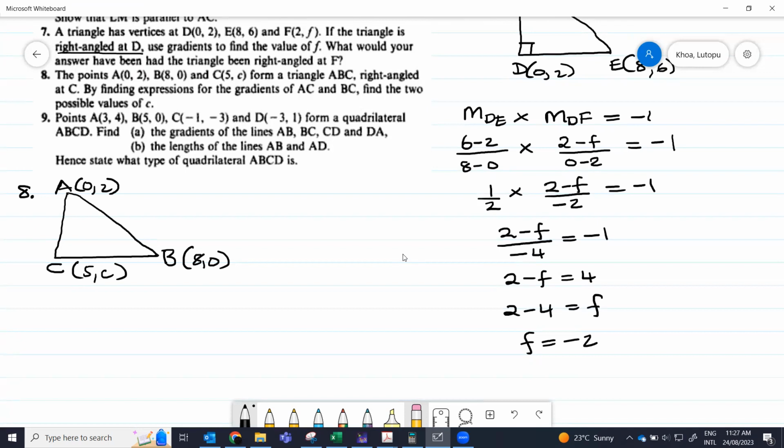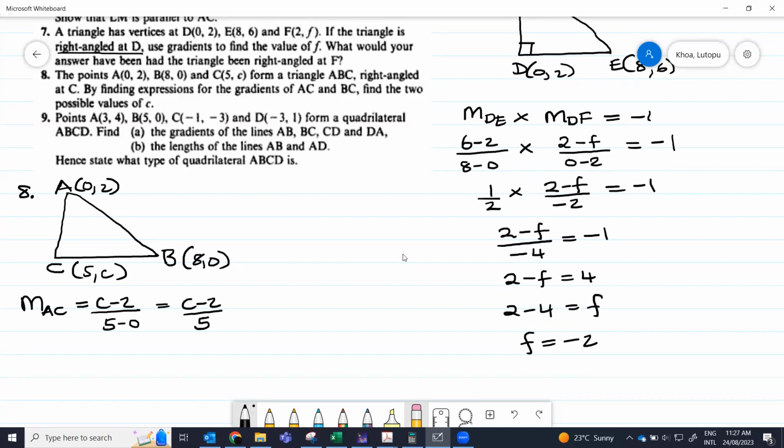Okay, so we want the gradient of AC. So we say (c minus 2) over (5 minus 0). This is just (c minus 2) over 5.